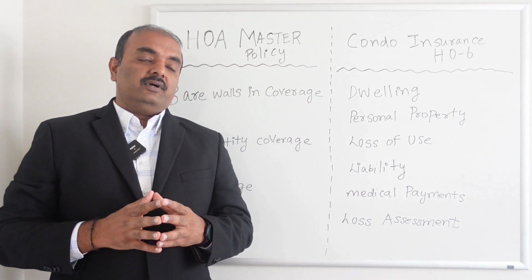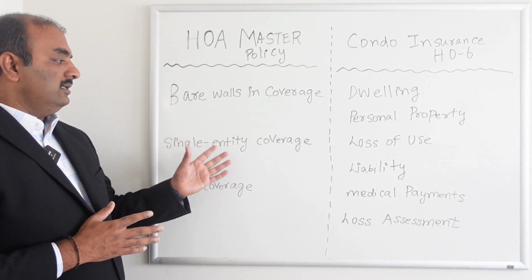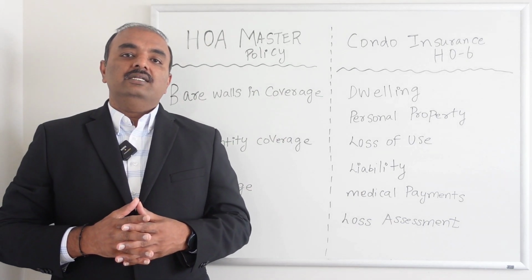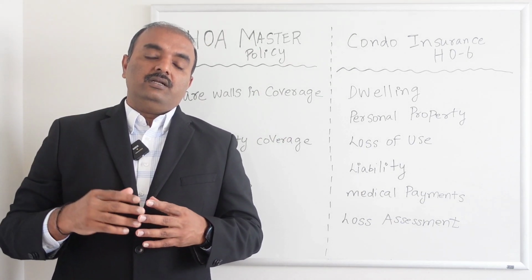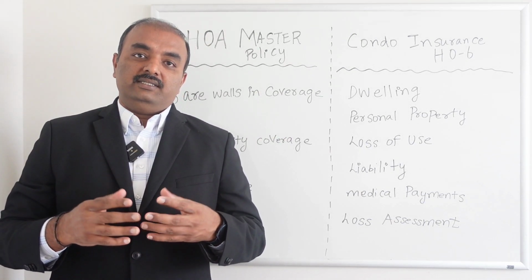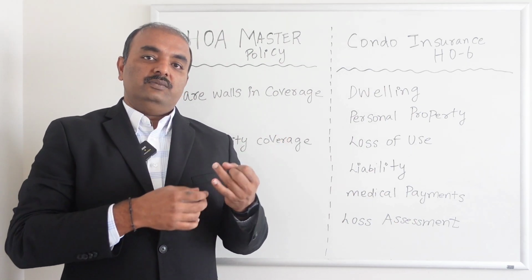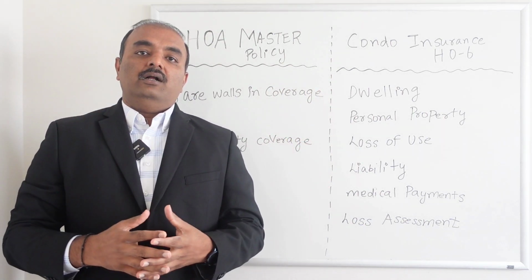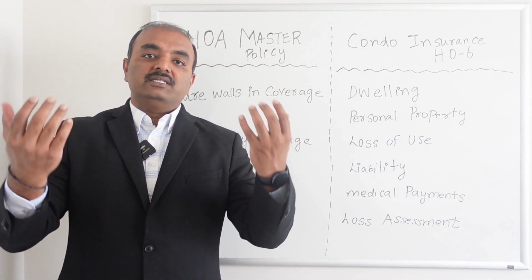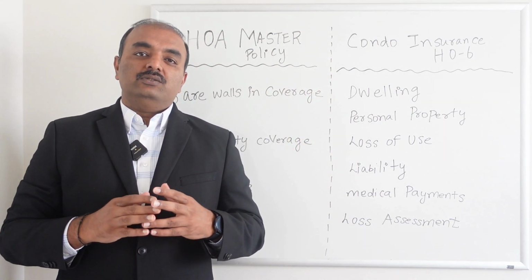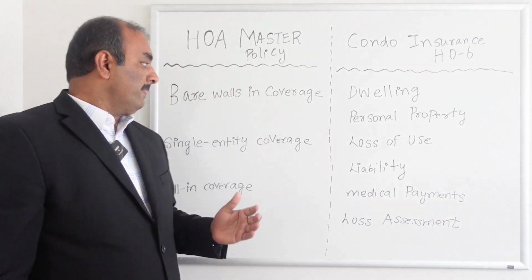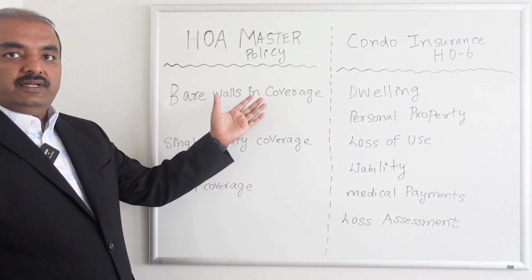The second type of coverage is single entity coverage. In addition to drywall and the roof, it also covers built-in appliances. When I say built-in appliances, I mean the washing machine, the oven, and all built-in appliances which are inside the unit. So this is one level above bare walls coverage.